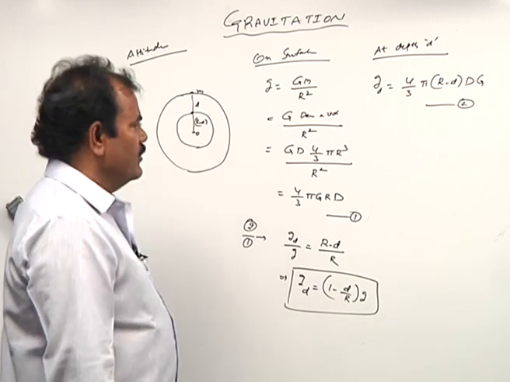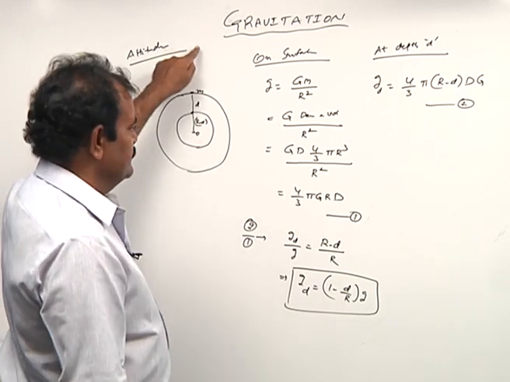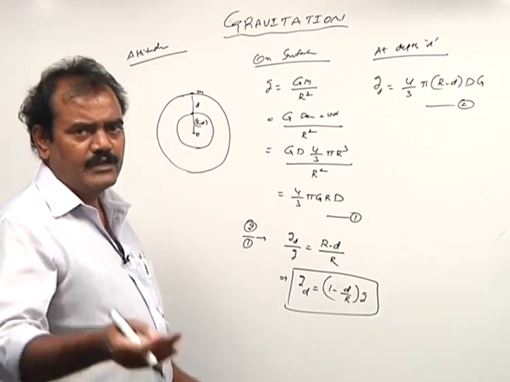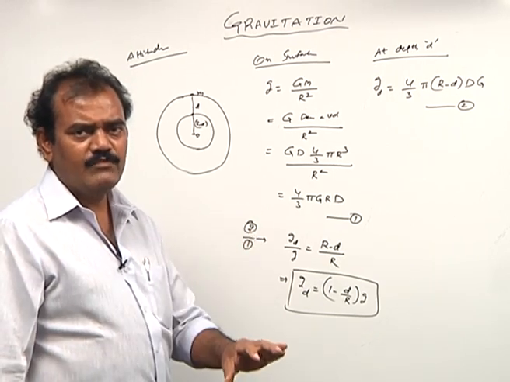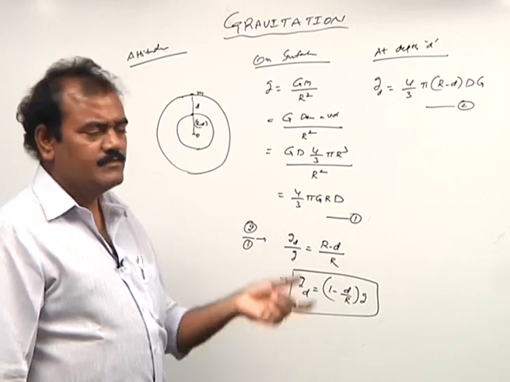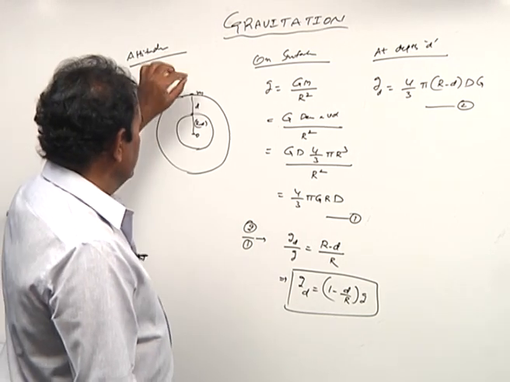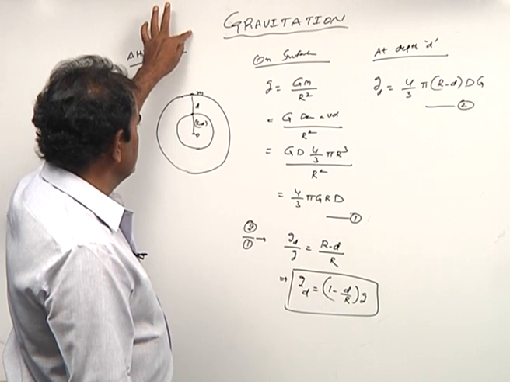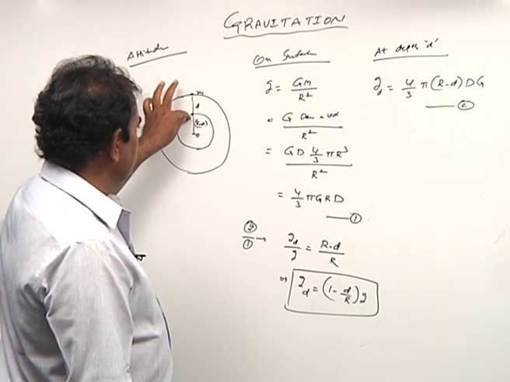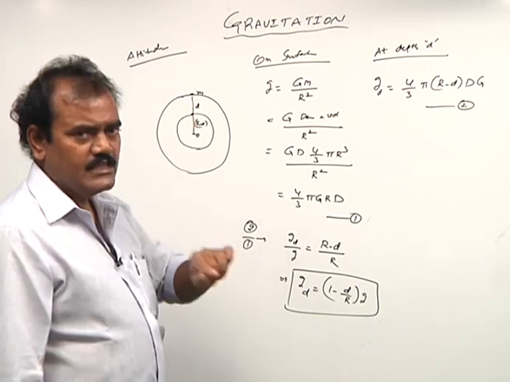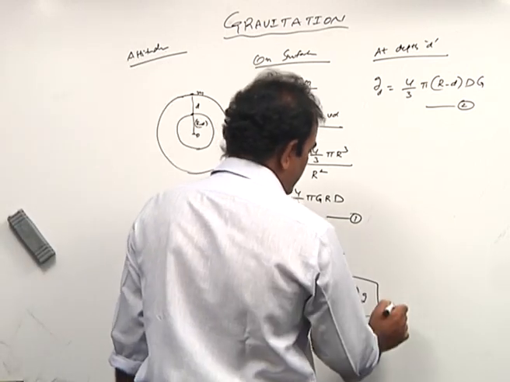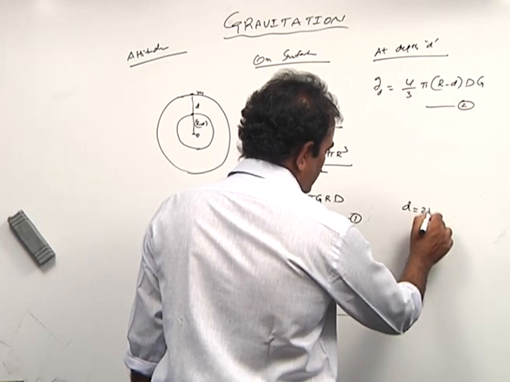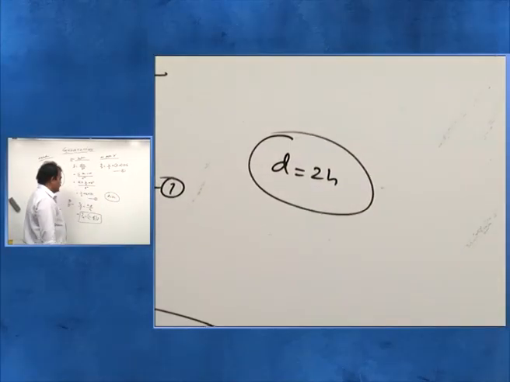Suppose a body is taken to a height h, and a body is taken to the depth d, and if you want to have the same small g value in both cases, the relation between them is d is equal to 2h.